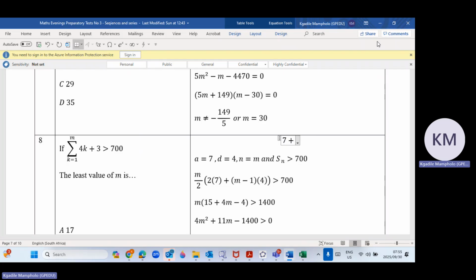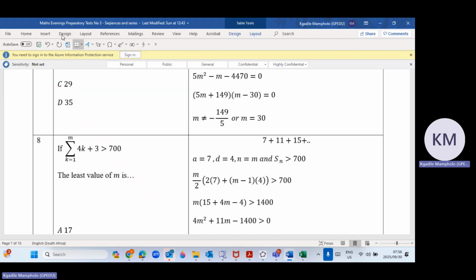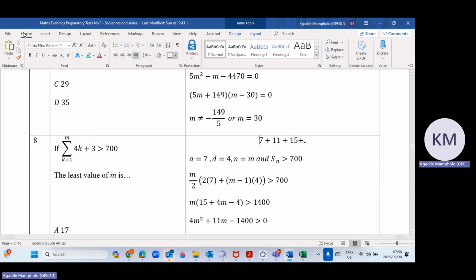Then 4 times 2 is 8 plus 3 is 11. Then 4 times 3 is 12 plus 3 is 15. Like I said, you only write the first three terms. Writing the first three terms will help you find the value of a and also the value of d. Then a is 7, d is 4, and n equals m.